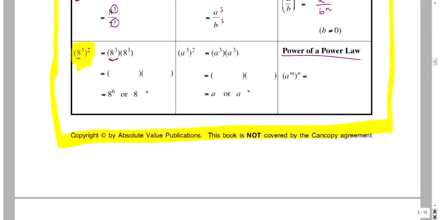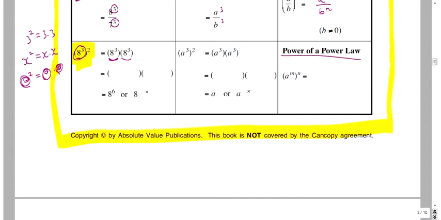We got 8 cubed squared. So remember, if you do that, 3 squared, it's 3 times 3. If it's x squared, it's x times x. If it's squiggly squared, it's squiggly times squiggly. If it's 8 cubed squared, it's 8 cubed times 8 cubed.